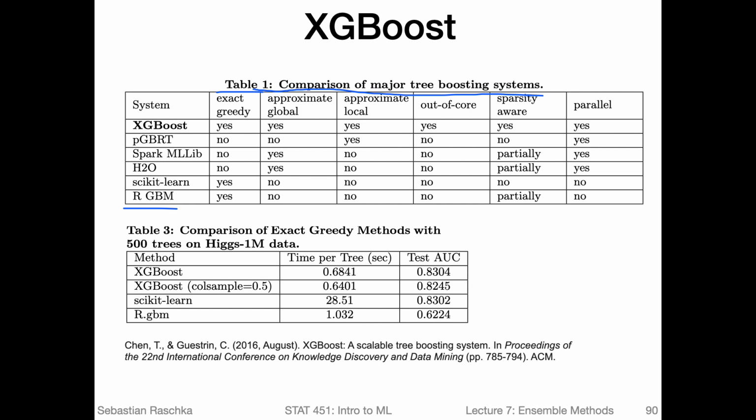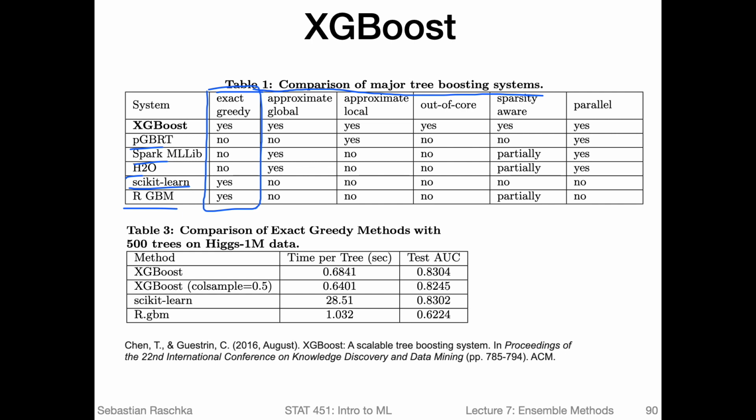For example, here's the R gradient boosting machine. There's a scikit-learn implementation. Actually, there's a newer scikit-learn implementation now, a second one that we will talk about briefly in this video after we finish the short discussion on XGBoost. And there are some other libraries like H2O and Spark. Actually, I don't know what this one is. But in the columns, they compare the features of these different implementations.